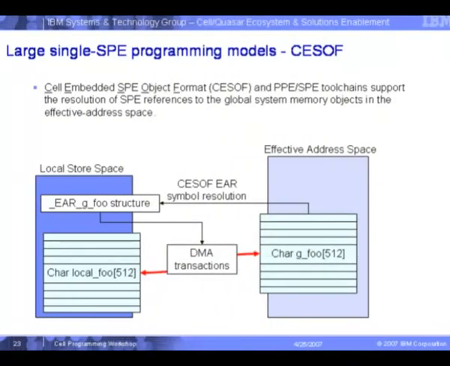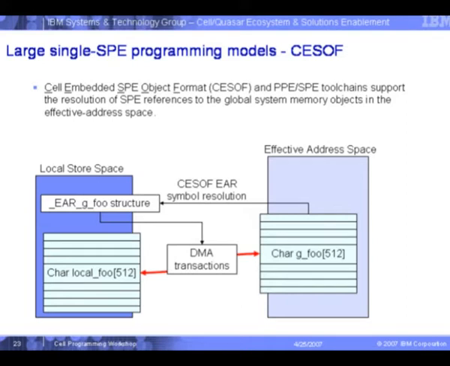Okay, and in the CESOF, we define this structure here, so you don't have to resolve the symbol by yourself. We define on the effective address over here the structure. We call the card here g_full 512, and then on the local store, we may refer.